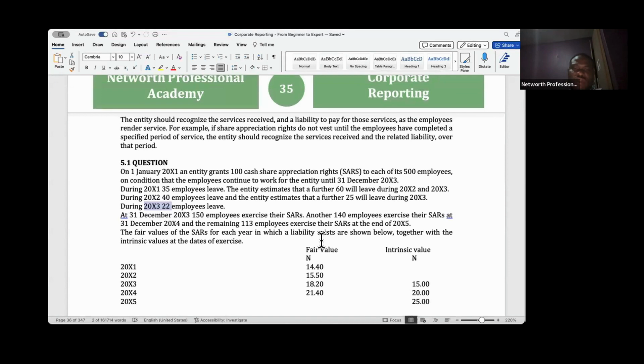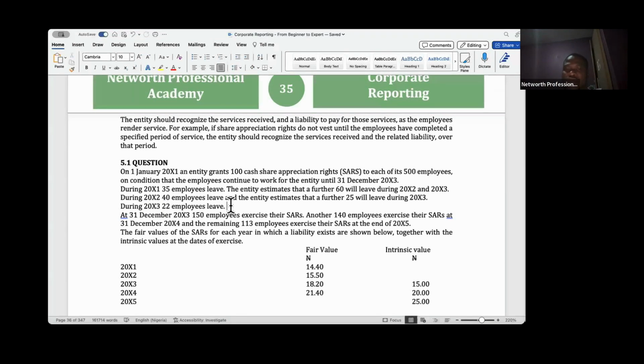So you just have to not lose sight of this other additional information that they actually gave us. Because after 2003, people will start exercising their right. And in this case, exercising their right means that the company is now going to pay them, because this is cash settled. The company is going to pay them cash.